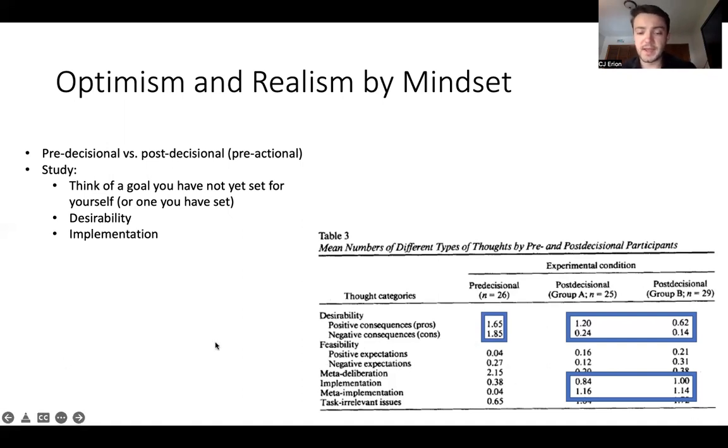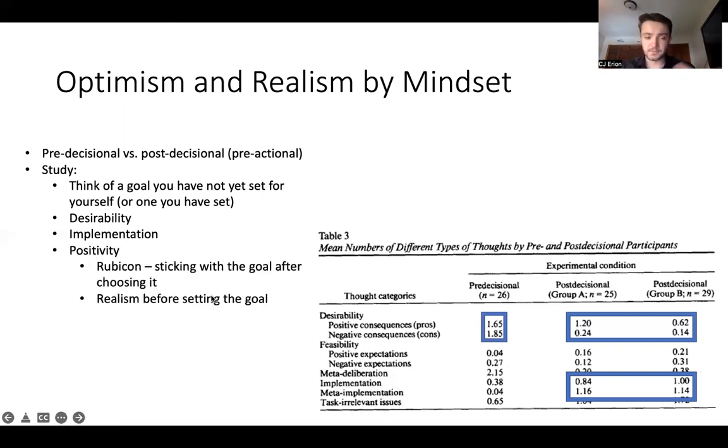With implementation, that's down here, we see that there are more implementation thoughts for those in the post-decisional or pre-actional phase, right? Because that is literally what they're doing or about to do: planning, figuring out how to implement whatever behaviors are needed to reach that goal.